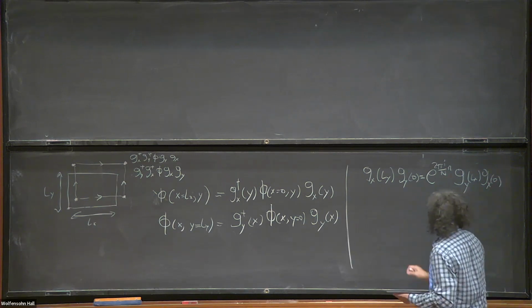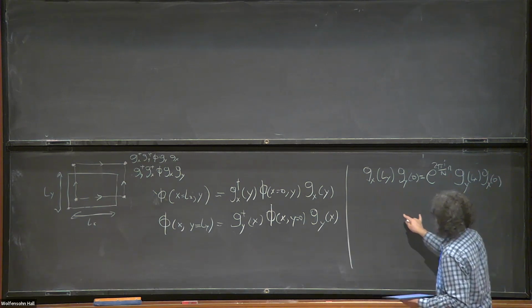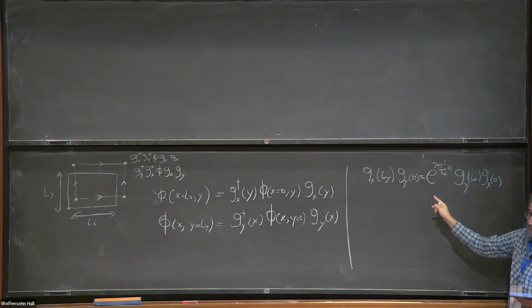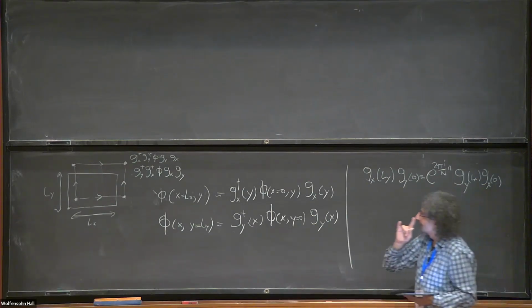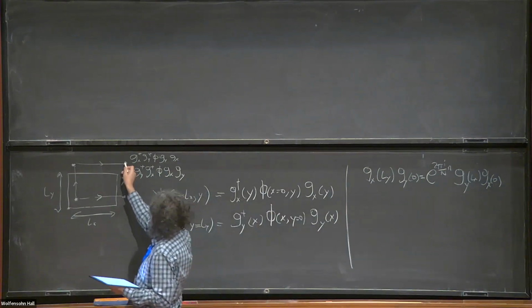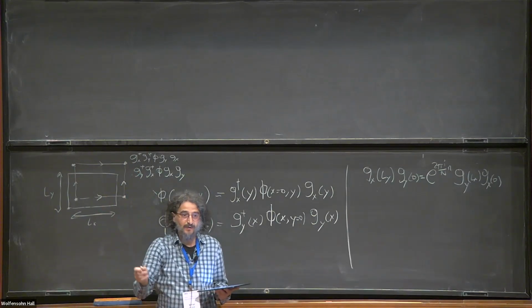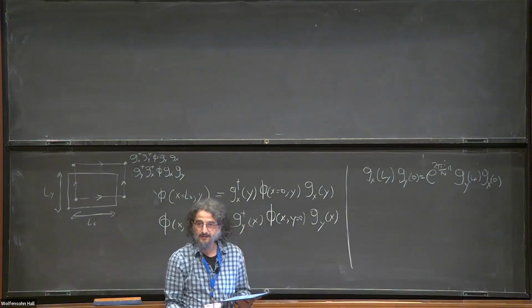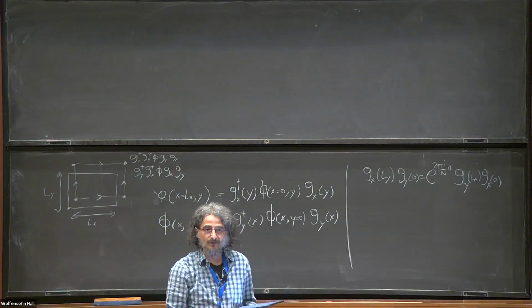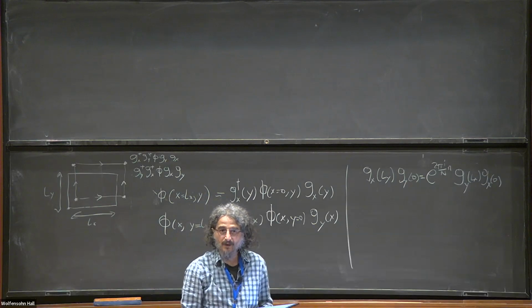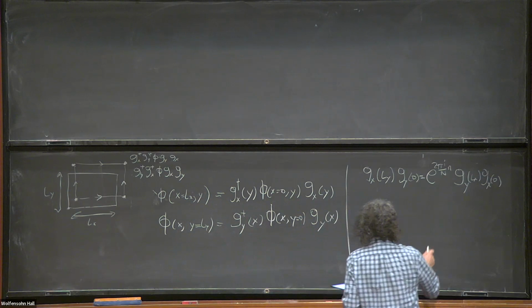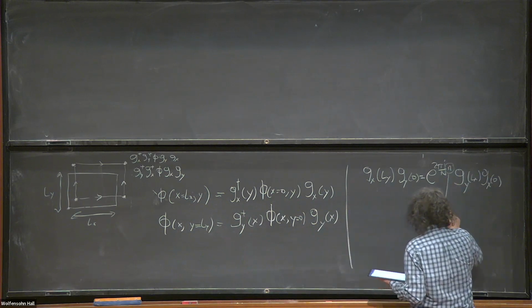If these transition functions differ only by a phase, the field here does not have any jump depending on the path you have taken. It is consistent. This is the way 't Hooft constructed 't Hooft flux. And this n here is called 't Hooft flux.